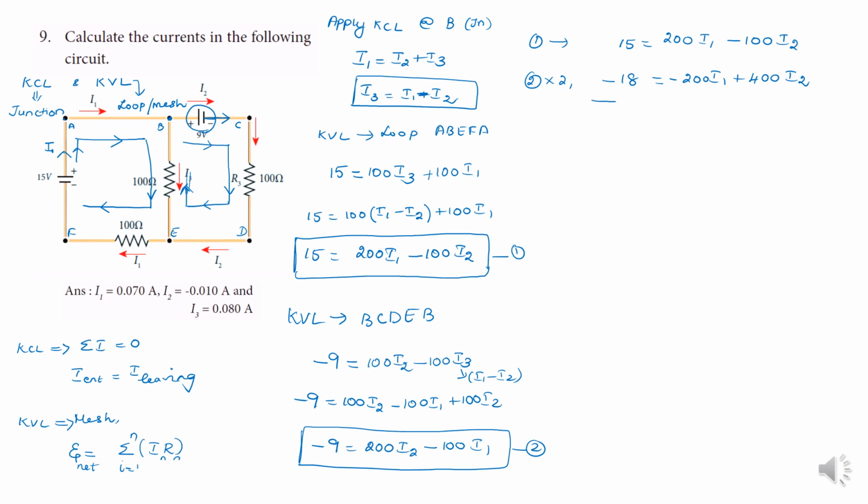Okay, so solving, minus 3 is equal to 300 I2. So I2 is equal to minus 3 by 300, which is minus 0.01 amps. So I2 is equal to minus 0.01 amps.